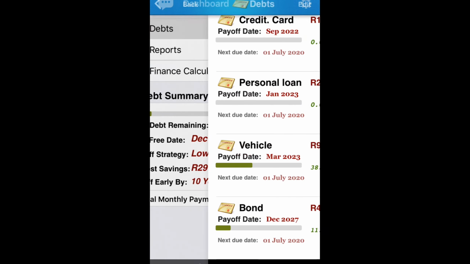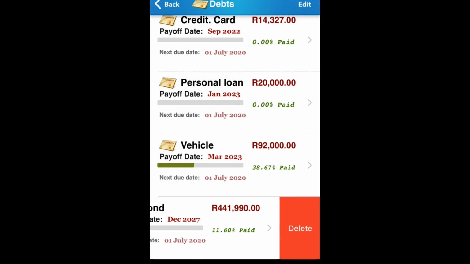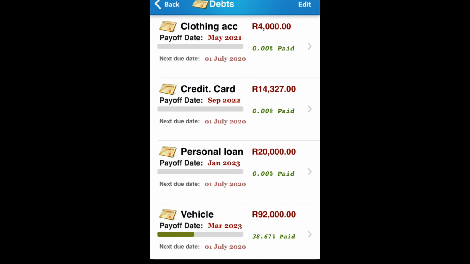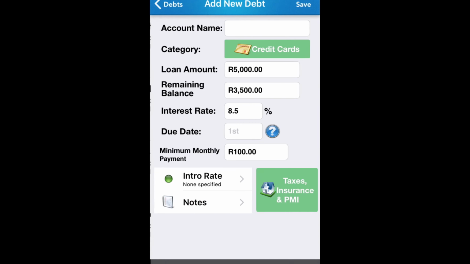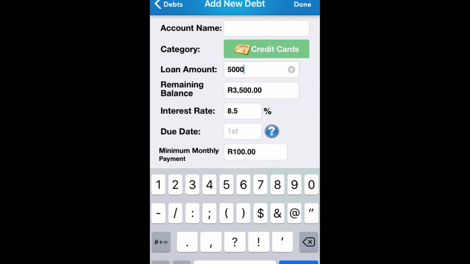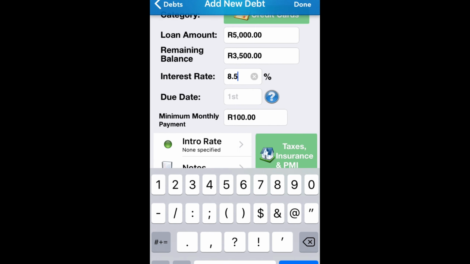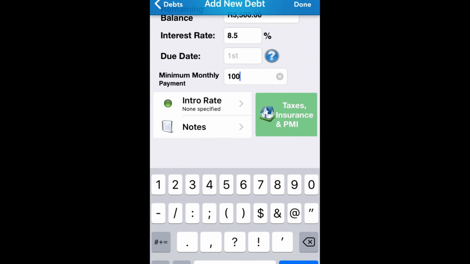So what you do is, I use the same example here. Let me remove the bond. I used exactly the same example. To add your debt, you're going to click on the plus. Then that's where you put in your account name, maybe the initial loan amount, the remaining balance on your loan, the interest rate, and your minimum monthly payment.